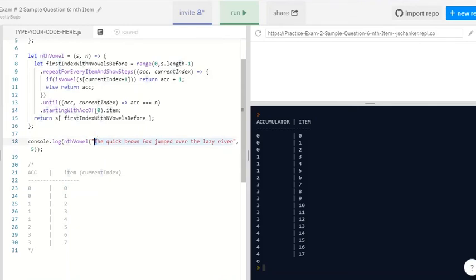So if you start the accumulator at 0 and you have this relationship that the accumulator should represent the number of vowels up to and including the character at this item, then you have to make sure that the character at position 0 is not a vowel. Because otherwise this would have to start at 1. So this starting ACC value would change based on the situation.